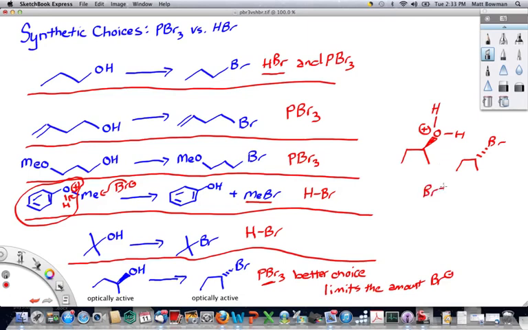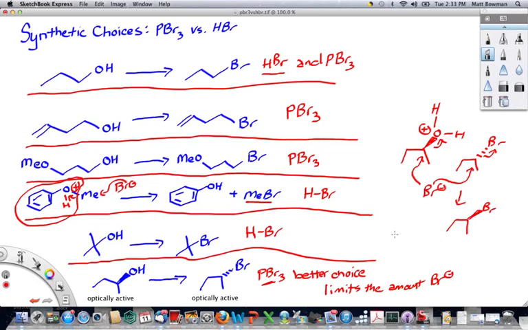If you have too much bromide, what will start happening is bromide will start attacking your product just as quickly as it attacks your starting material. If it attacks your product, then you generate a bit more of the inversion here.